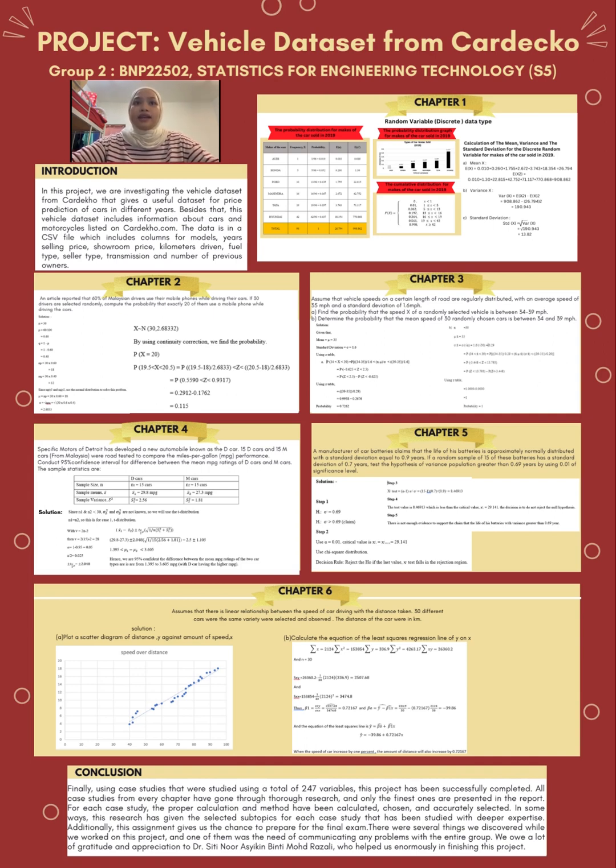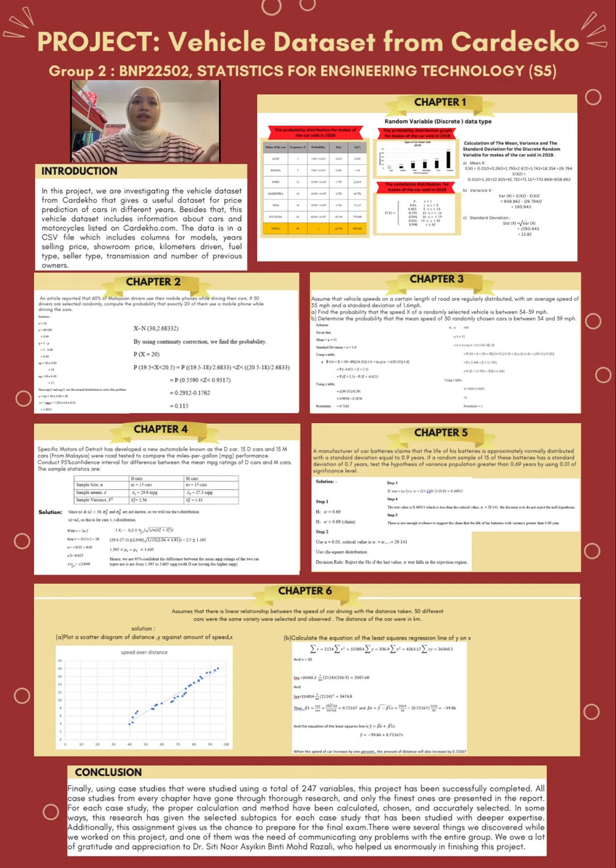The distance of the car were in kilometers. The first question is, plot a scatter diagram of distance y against speed x, and then we got a straight line for the scatter plot. The second one is calculate the equation of the least squares regression line of y on x.